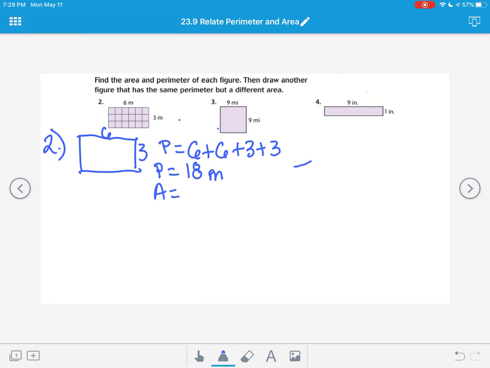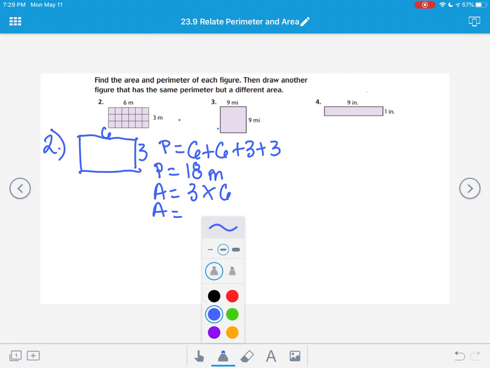The area equals the height times the width, which is 3 times 6. The area, 3 times 6, is also 18, but it's 18 meters squared. So I need to draw a figure that has the same perimeter, but a different area.